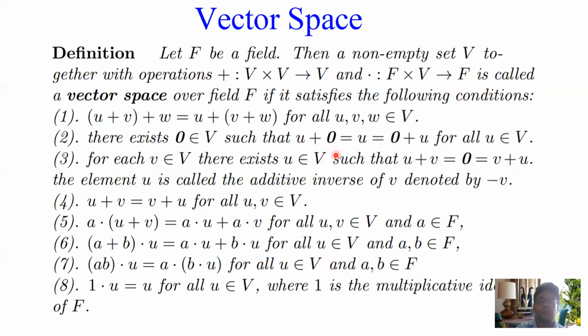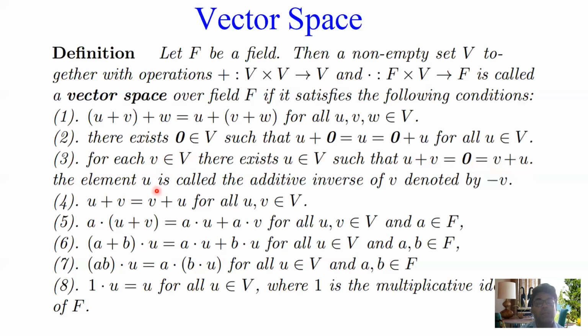Clear? So this is the most important property, that is the identity property. Number 3, for each V belonging to V, there exists a U belonging to V such that U plus V is equal to the null vector, which is equal to V plus U. This property is called the inverse element property under the addition operation.